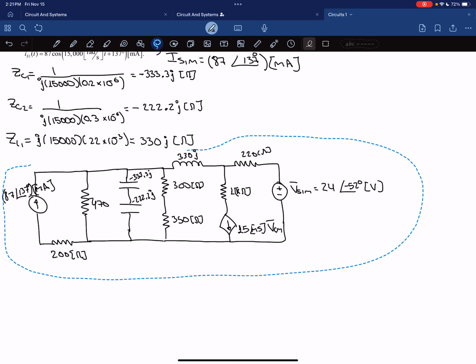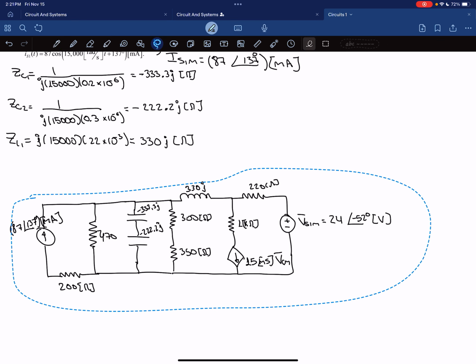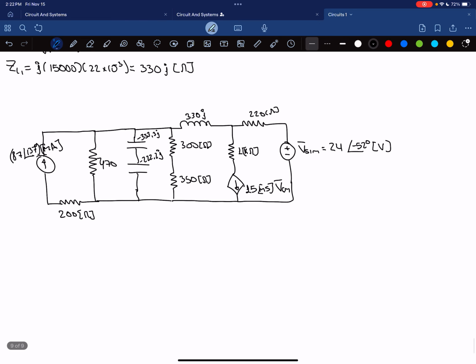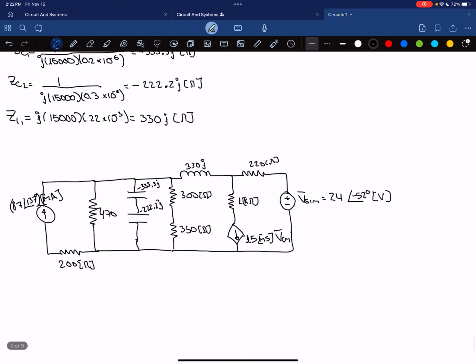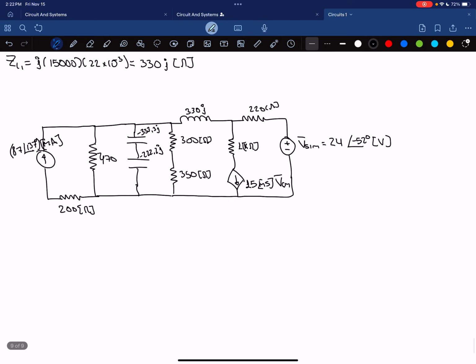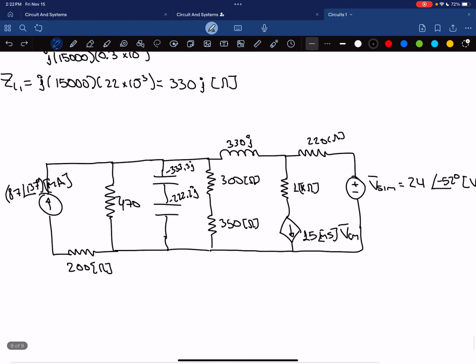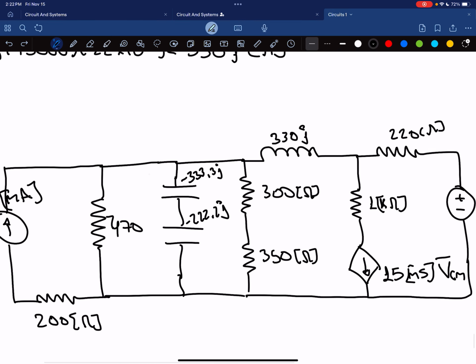We can treat the capacitor and inductors as resistors, and we can solve the problem. We also know that vC of t, because that's what we want to find, is across these two capacitors. So don't forget to put that.